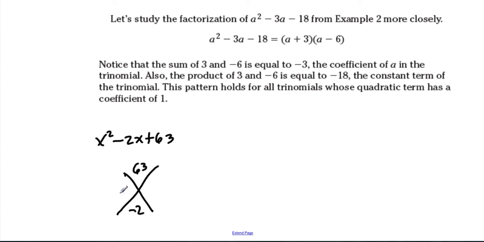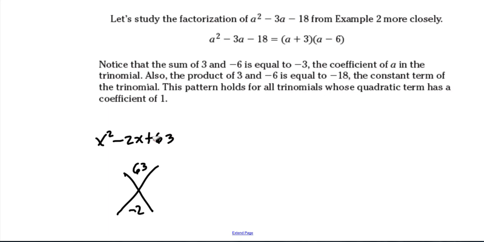9 and 5? No. 7 and 9. 7 and 9 give you negative 2. Oh, sorry, this is not possible. I copied it incorrectly.